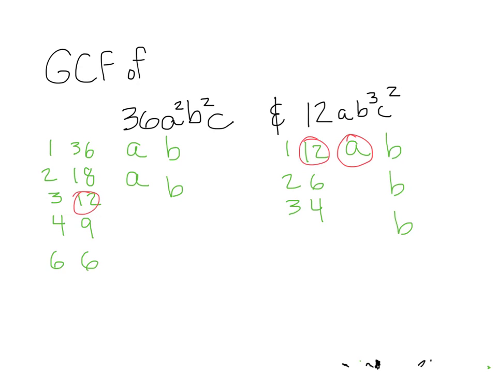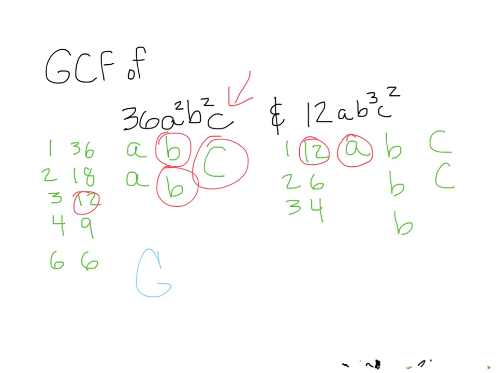In this case, the 2 b's on the left-hand side will be our greatest common factor. And finally, we have 1 c on the left-hand side and 2 c's on the right. So once again, our single letter c will be our greatest common factor value, because you can't pull out 2 c's from a value that only has 1.